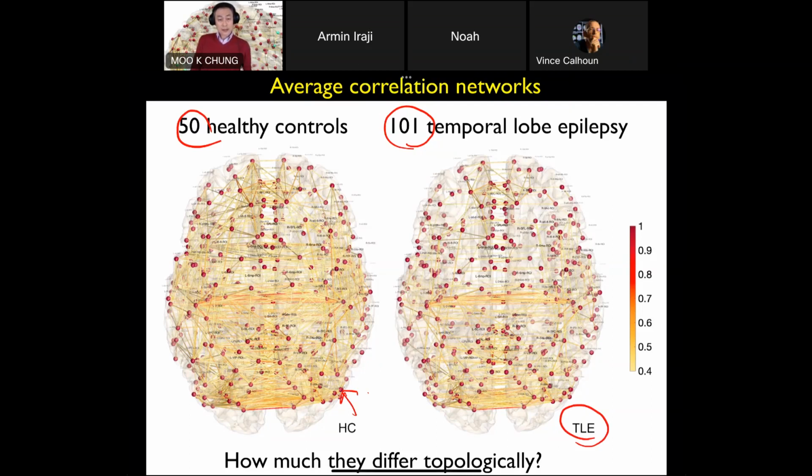So you can do the inference at the edge level and see whether this edge is more densely connected or not. But that's not what we do. We want to simply compare this brain network and this brain network, and see how much they differ topologically.